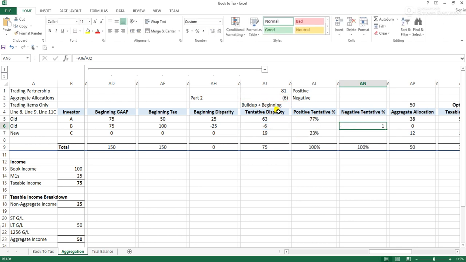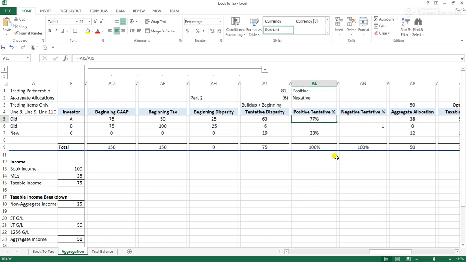Now what this does is that we split investors into two categories. And then we just figure out if we have $50 of gain, how are we going to allocate it? Because the investors are split into positives and negatives, we would take the $50 and multiply it by the positive tentative percent.